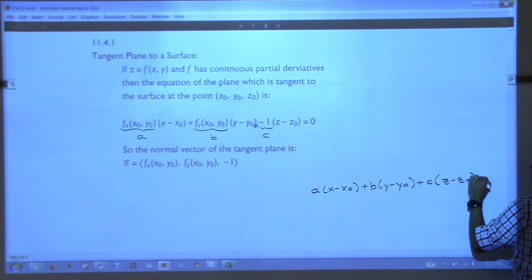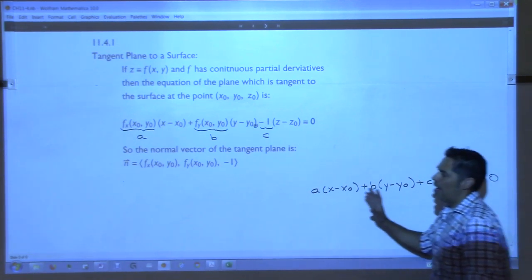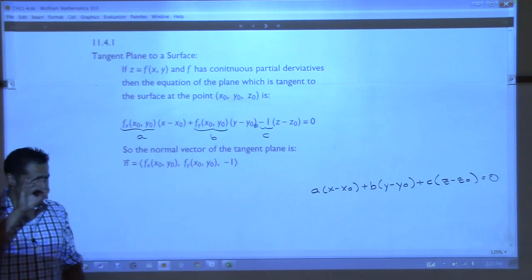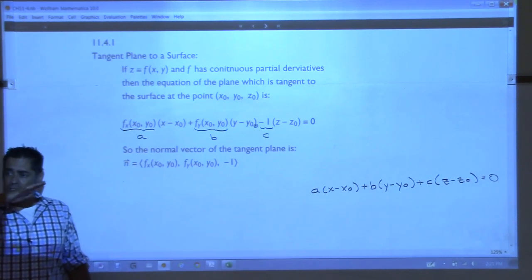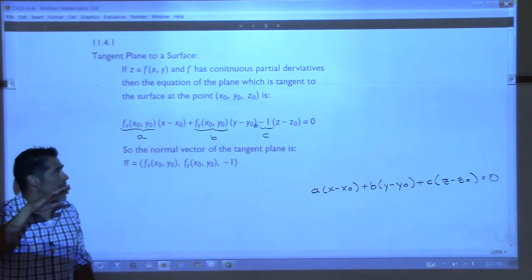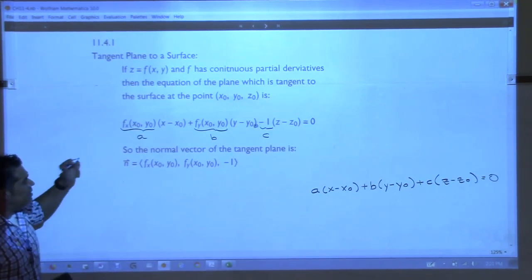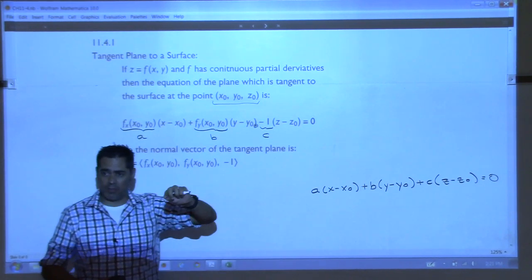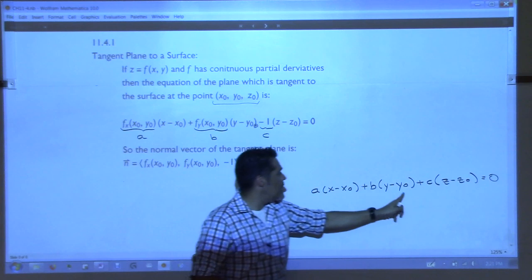That's your standard equation of a plane. So this is saying that if you've got some surface and you go to some point on that surface and you want to know the equation of the plane which is tangent to that surface at that point, then to figure out the equation of the plane, you first of all need a point, right? Tell me where you are on the surface. And that'll give you your x naught, y naught, z naught.